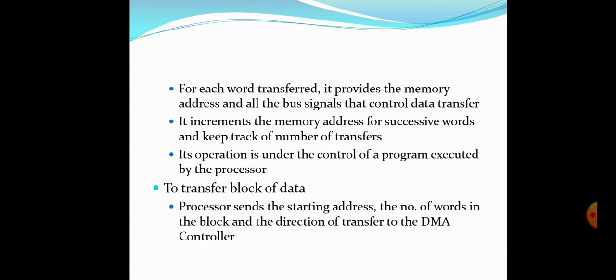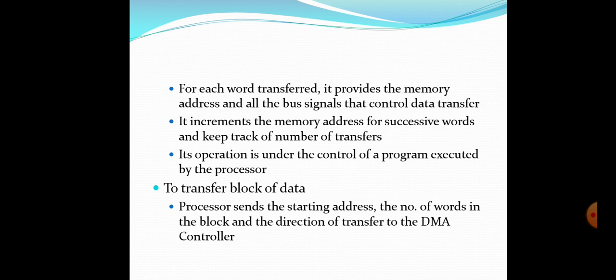For each word transferred, it provides the memory address and all the bus signals that control data transfer. So for data transfer, we need the memory address, the starting address of the word, then the number of words to be transferred, then the direction of transfer, that means whether it is a read operation or a write operation.